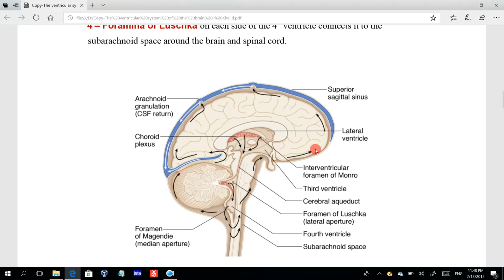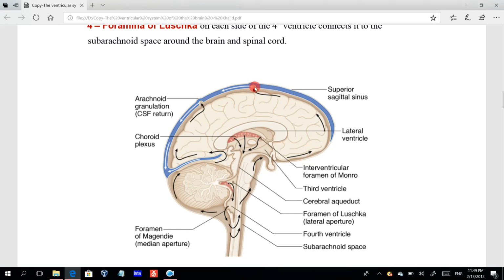And also here, this is the arachnoid. It's not clear here, but from this arachnoid mater there are special structures called arachnoid granulations. This granulation projects into the superior sagittal sinus, a dural venous sinus containing venous blood.